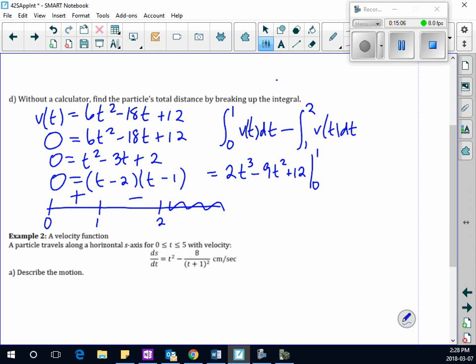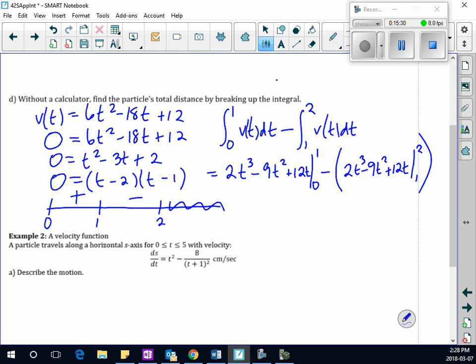Is everybody good with what I did? Oh, yes, sorry, 12t. Okay, and then we're going to subtract. And I might want to put brackets just because it'll get messy in a second here. So it's the exact same thing: 2t cubed minus 9t squared plus 12t, from, this time, 1 to 2. Yes?